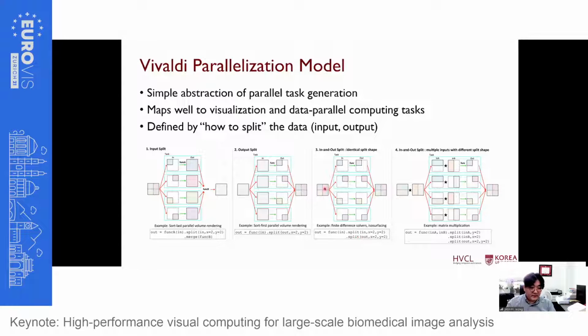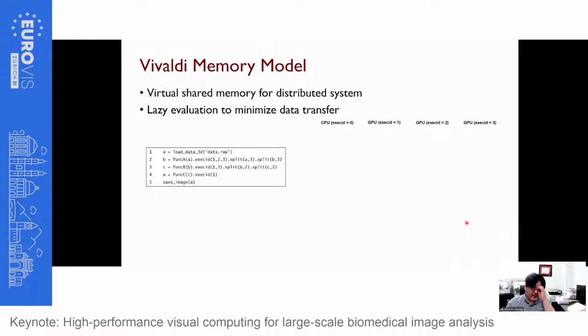Then the system will do the parallelization automatically for you. So these are input split, output split, and in-and-out split, two cases. But if you look at this, there are certain types of tasks, visualization tasks or computing tasks, that fit very well to these types of parallelism. So this is an abstraction that we provided.